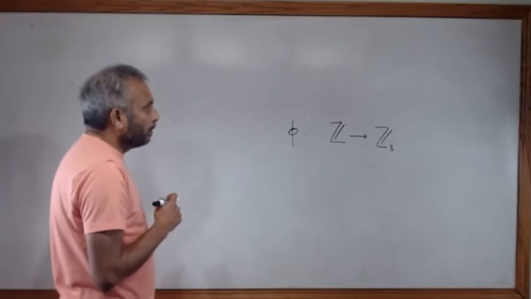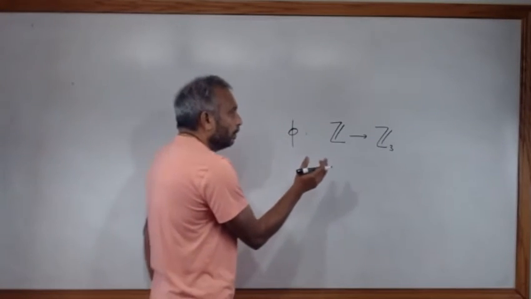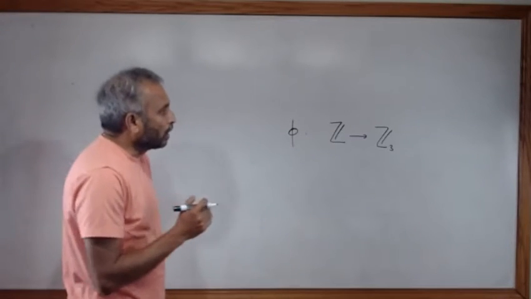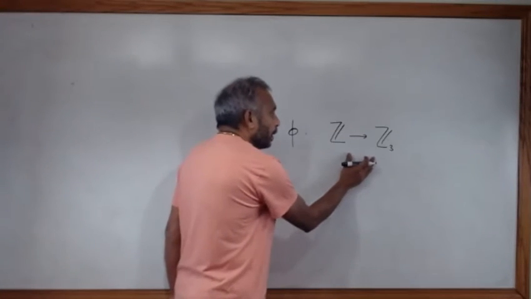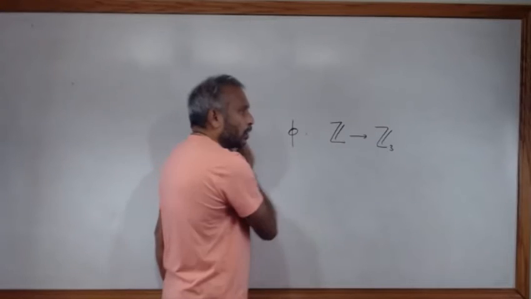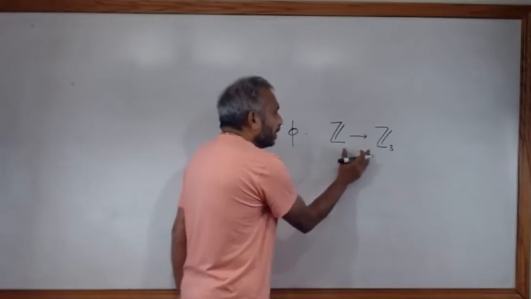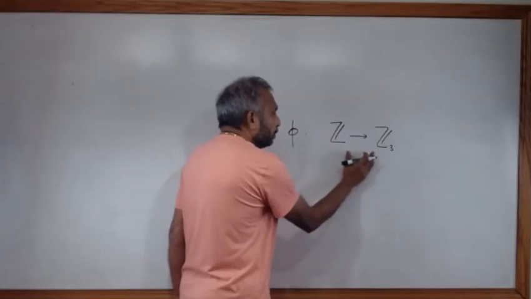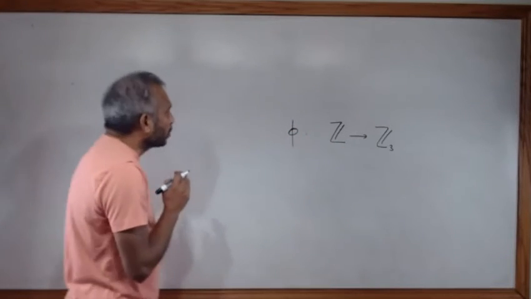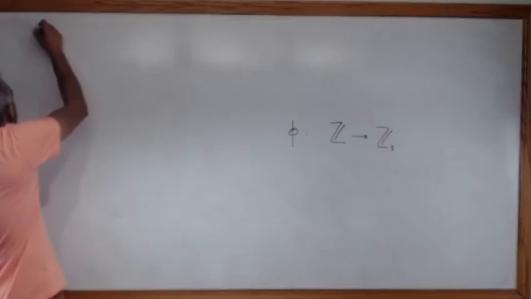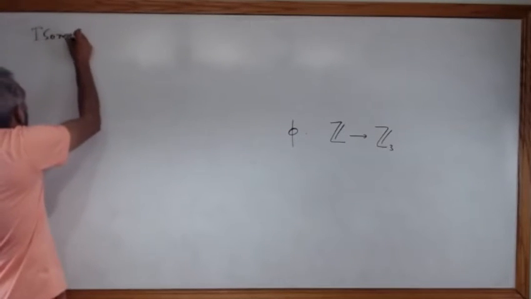But we have a much stronger tool based on this homomorphism. We can refine the homomorphism to make it a stronger tool, and that is called the isomorphism.